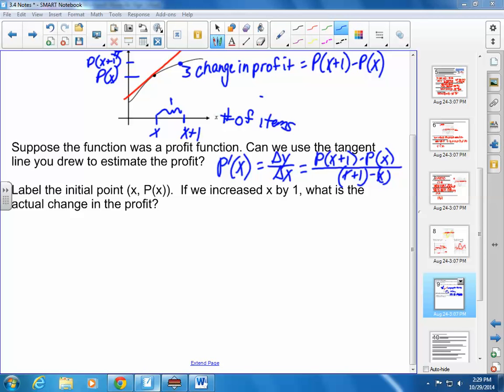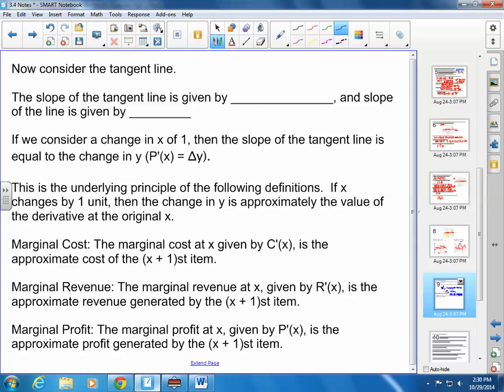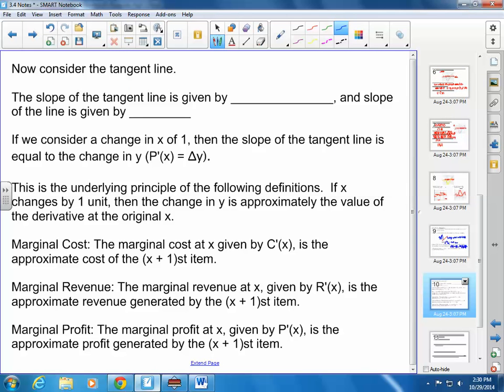So the derivative is the change in profit. It's what it is for this graph. Type it in. Okay, consider the tangent line. The slope of the tangent is given by what?